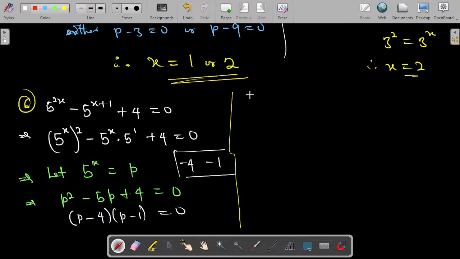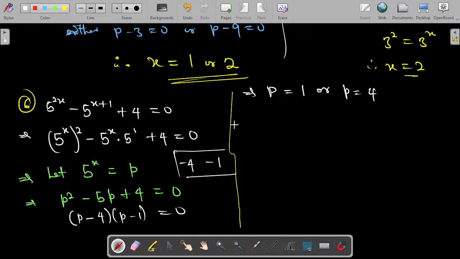Which means now that if you equate the two of them to 0, you get that p is equal to 1 or p is equal to 4. But that's the value of p. So to now get our x, you will use these two values.